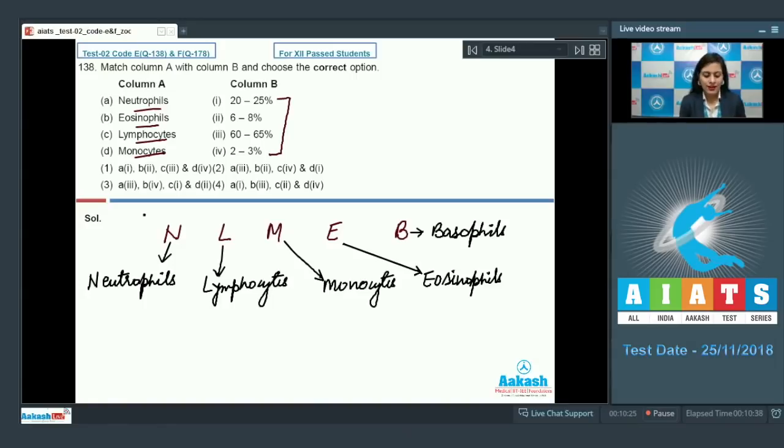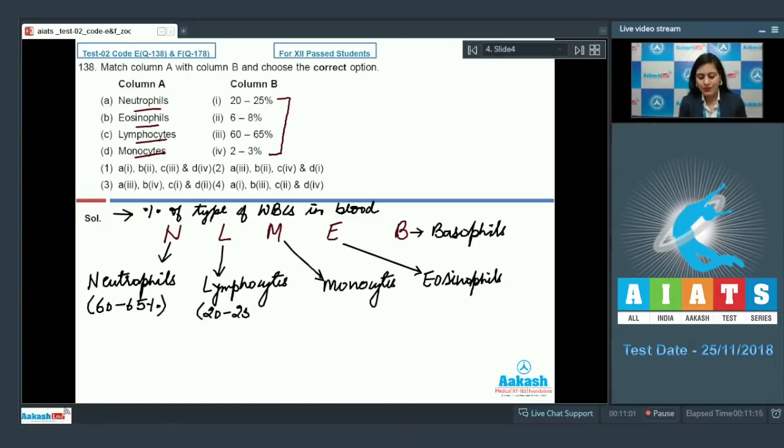And these are in decreasing percentage of type of WBCs in blood, where the maximum percent of these WBCs in human blood is formed by neutrophils, which constitutes around 60 to 65% of WBCs.